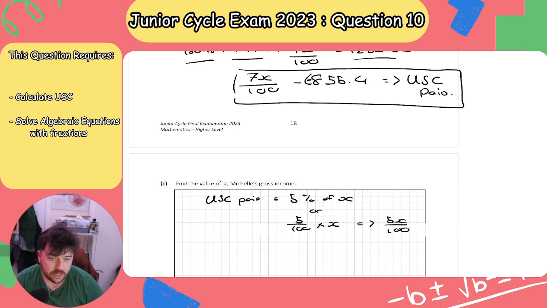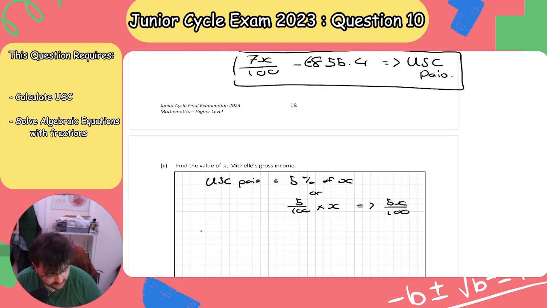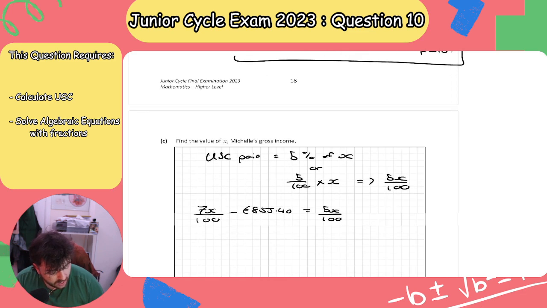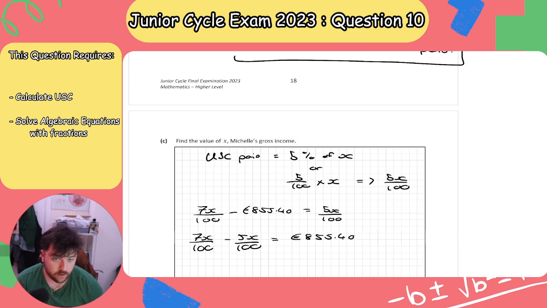So I'm going to sub this in now. 7X over 100 minus 855.4 euro is equal to 5X over 100. I am now going to bring my letters to the left, numbers to the right. So I have 7X over 100 minus 5X over 100 equals 855.4 euro.